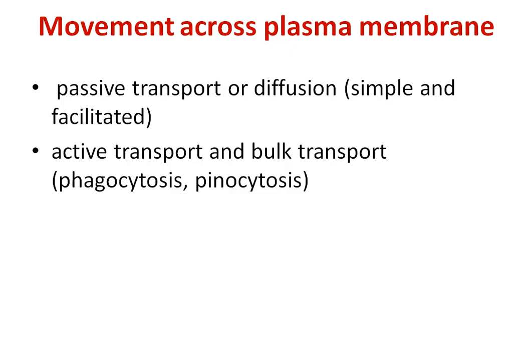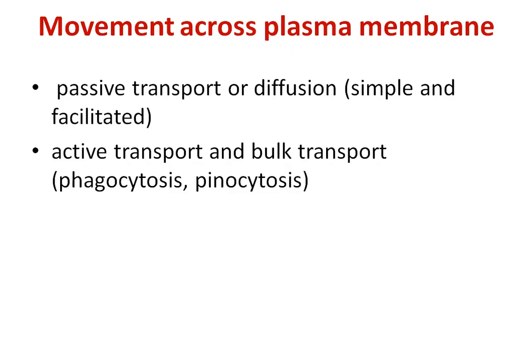As mentioned in your lecture, in simple diffusion, you don't really need other molecules to help in the transport of substances across the membrane. The substance just moves from an area of higher concentration to an area of lower concentration.